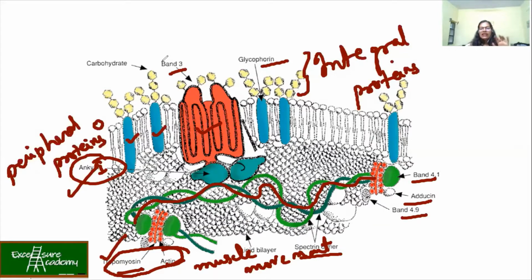We know that the RBC is responsible for carrying oxygen from the lungs to the other tissues and from the tissues to the lungs. This is done with the help of band 3. The exact mechanism we'll study in upcoming classes. For the time being, just remember that band 3 helps in the exchange of oxygen and carbon dioxide.